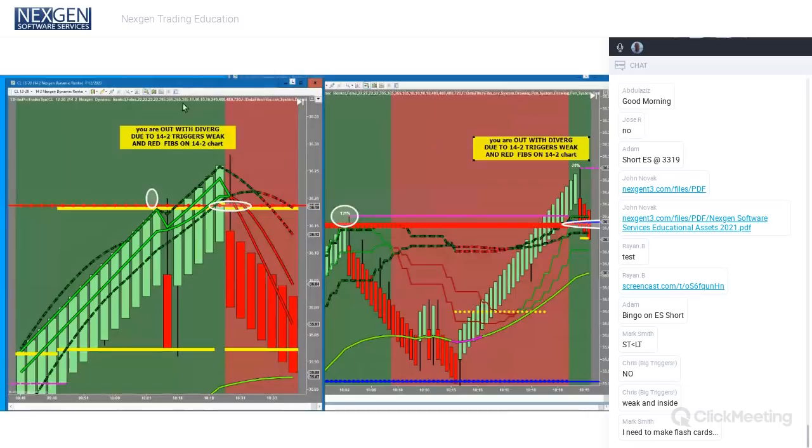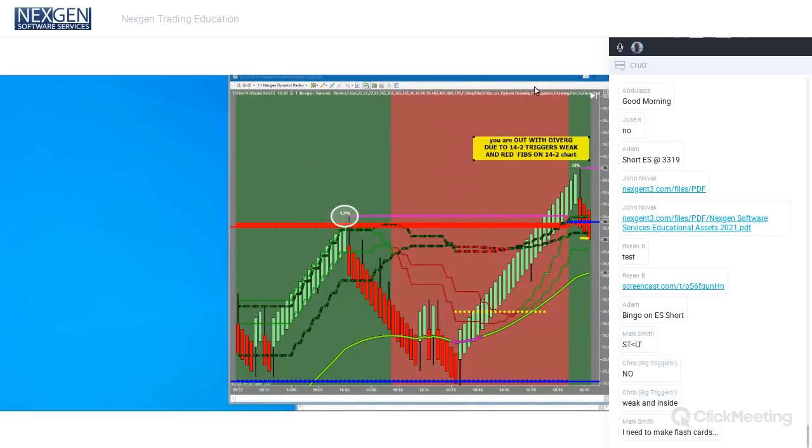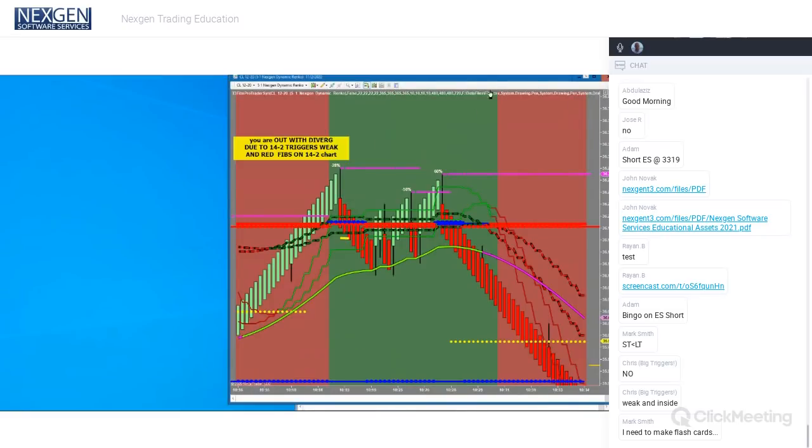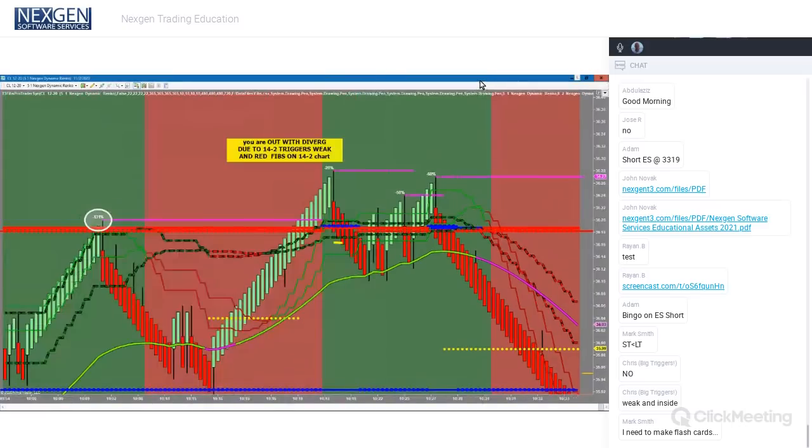Let's just look. You just have to read where your triggers are, strong, up or down, above or below. And then once you start seeing things go wrong on the small chart, you know it's over. Now, was there a short trade that kind of meets the rules? I mean, not really.